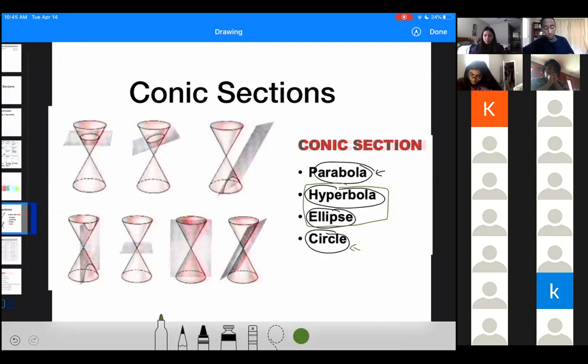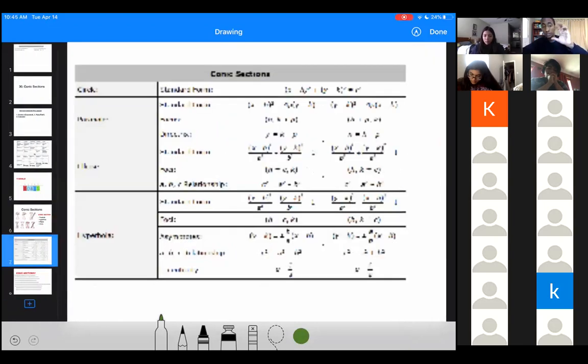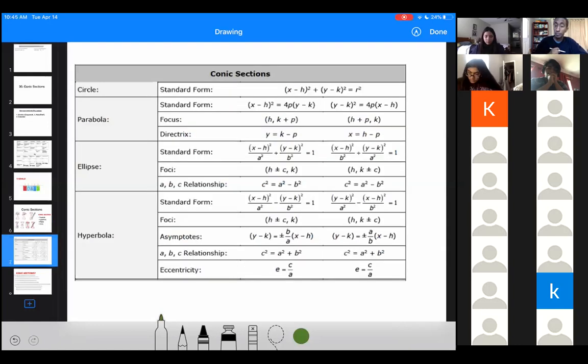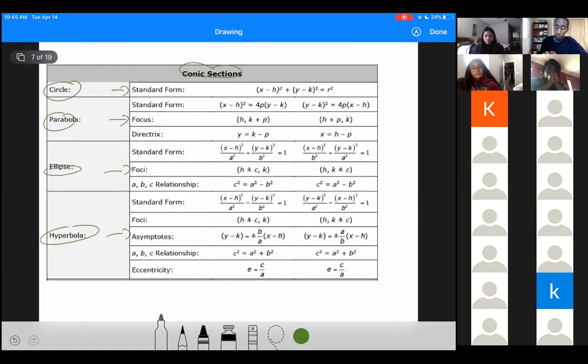In your formula sheet, there's a section that says conic sections. And you have circle, parabola, ellipses, hyperbola, and you have the corresponding equations that go with them, right? You should be familiar with this formula. That is the equation for a circle, right? And then the parabola, we're not going to get to talk about these.